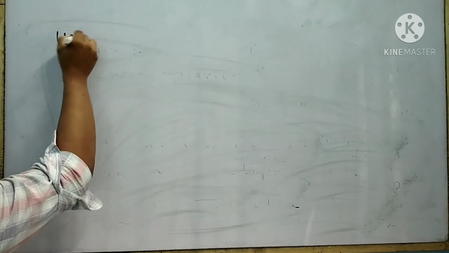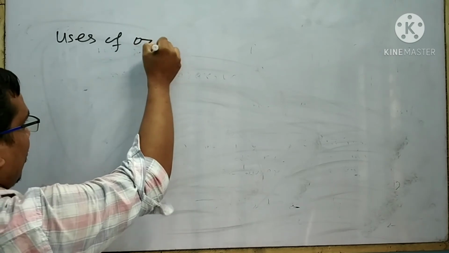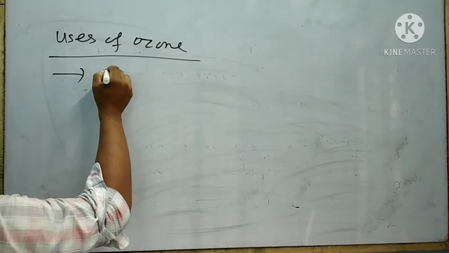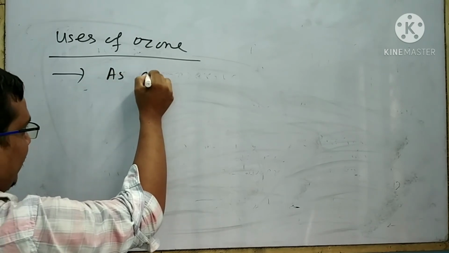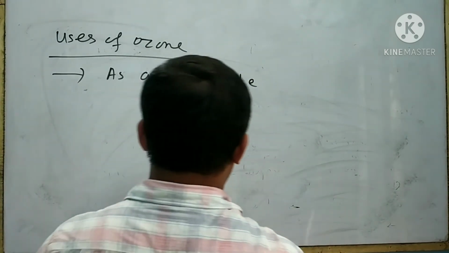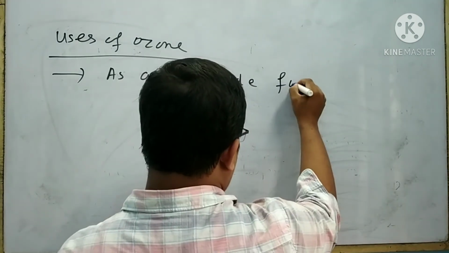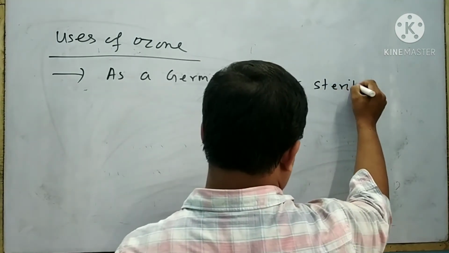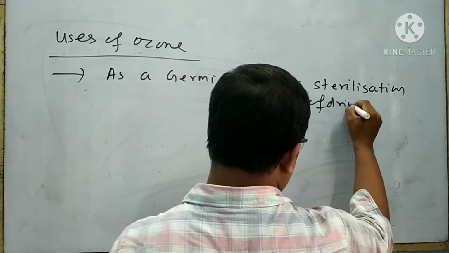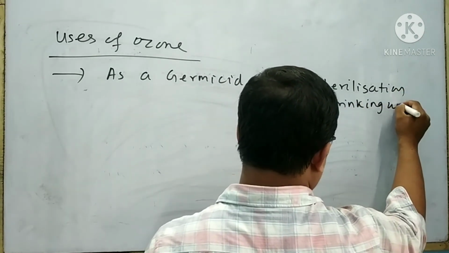Next I will explain about the uses of ozone. First point is ozone is used as a germicide for sterilization of drinking water.